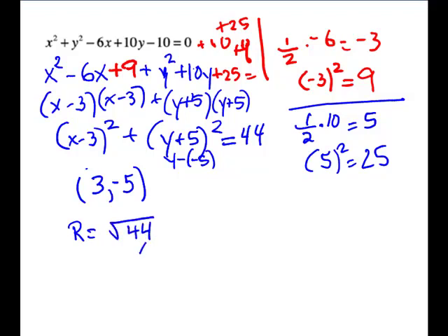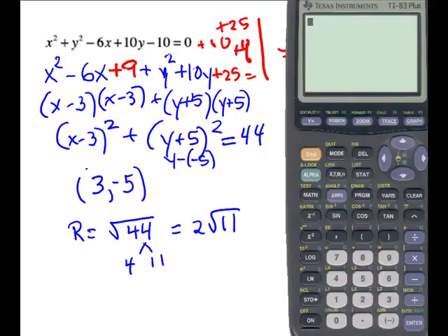And I can simplify that a little bit. It's 4 times 11, and 4, the square root is 2. So this is 2 times the square root of 11. This one's not very pretty to graph, but if you were going to graph, you need to do something with this 2 times the square root of 11. So let's go to the calculator for that.